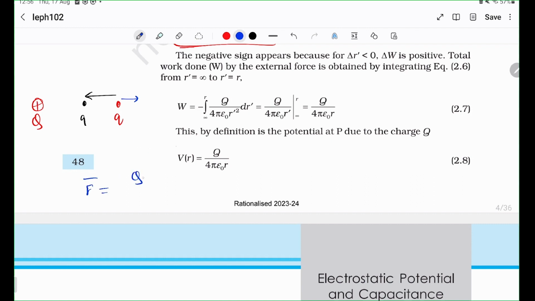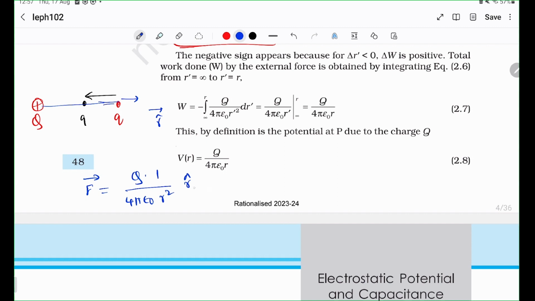Force is equal to Q times, but small q is 1, right? By 4 pi epsilon naught r squared. This is the force, r cap. Very important. Do not forget the direction.